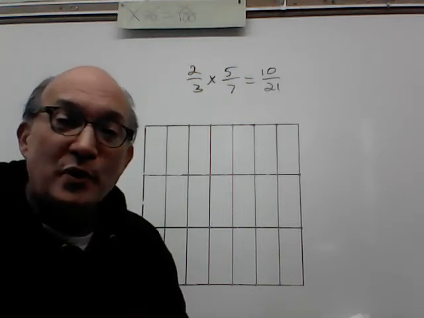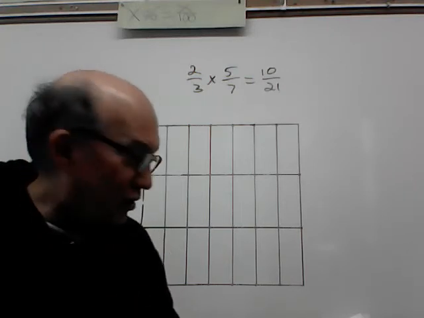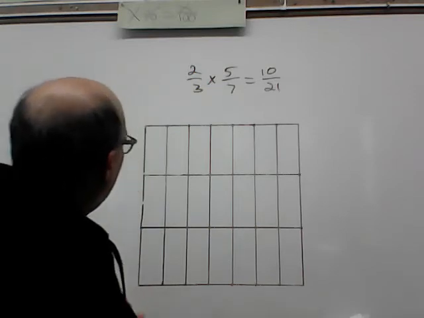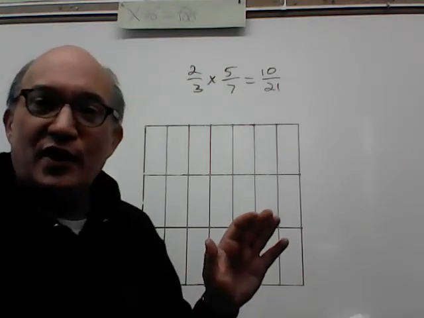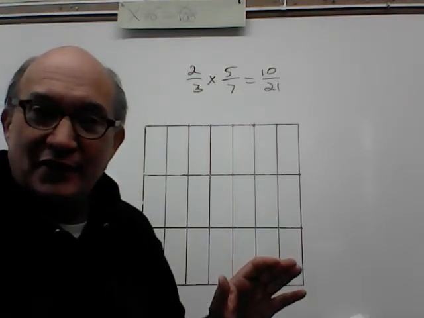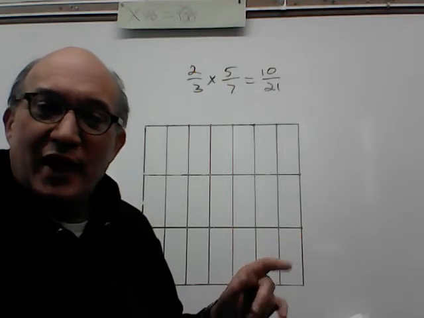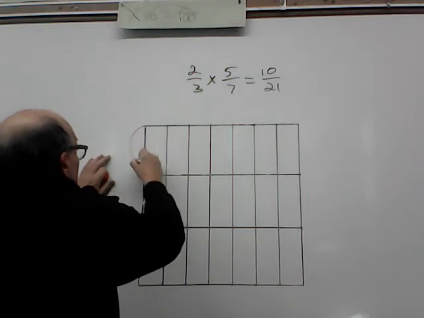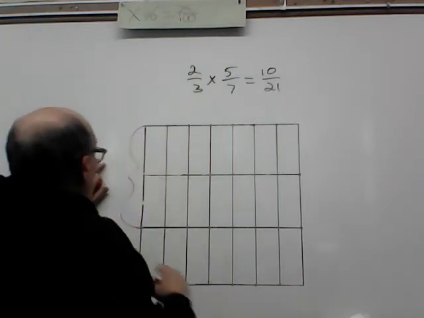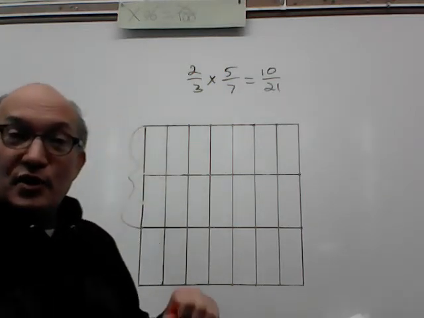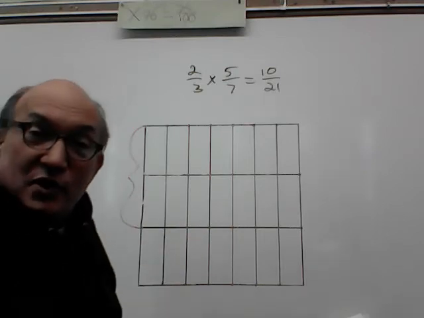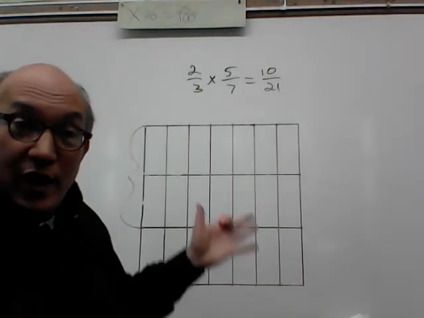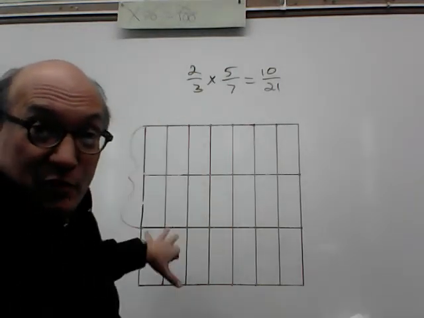So now what we need to do, I'm going to take a red marker and indicate along one of the vertical sides a length that is 2/3. Well, that length right there is 2/3. Remember, each side of that big square is 1, so I divide it into 3 equally sized pieces.